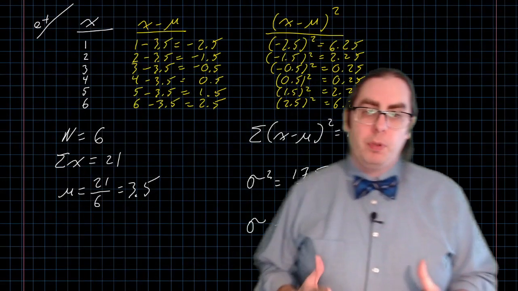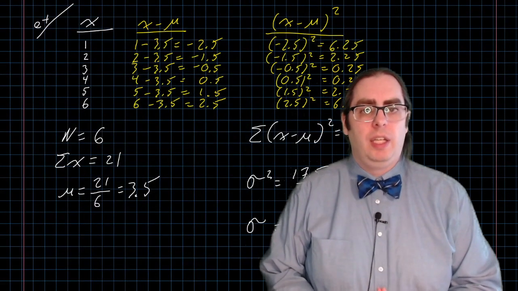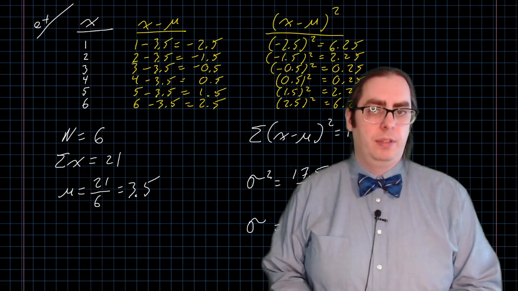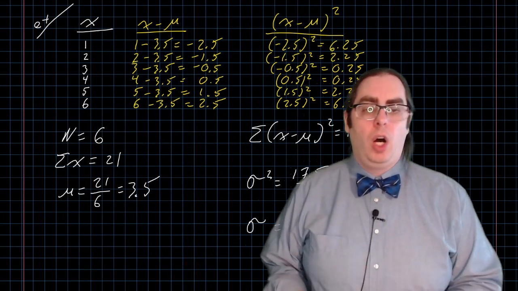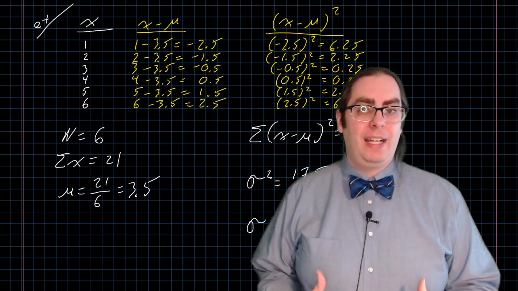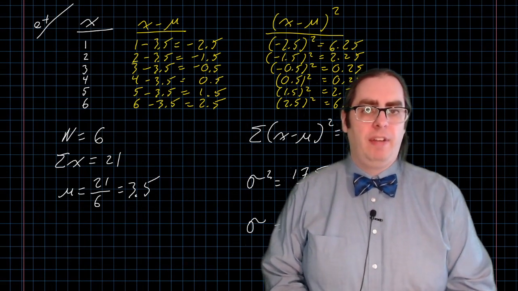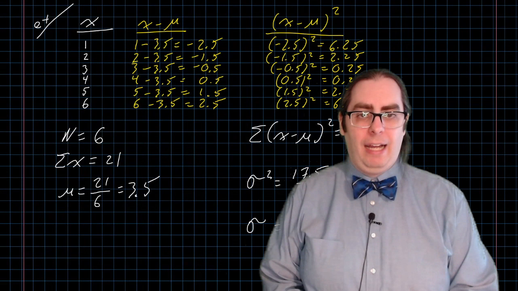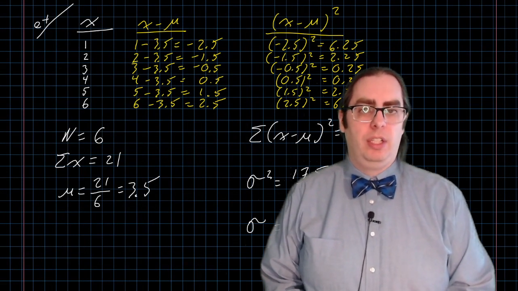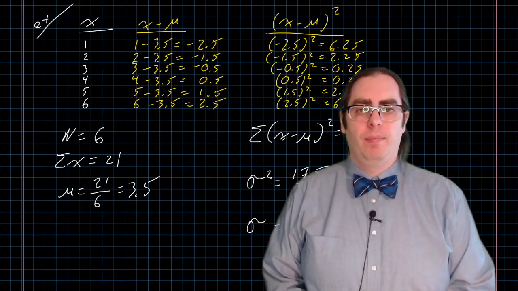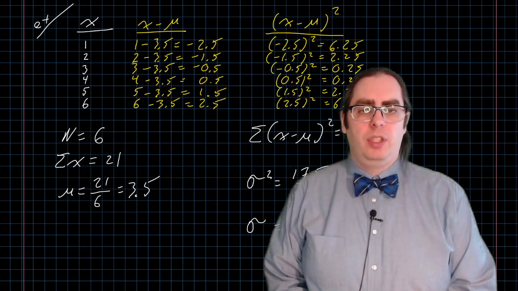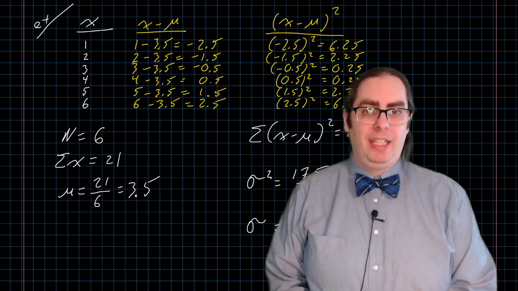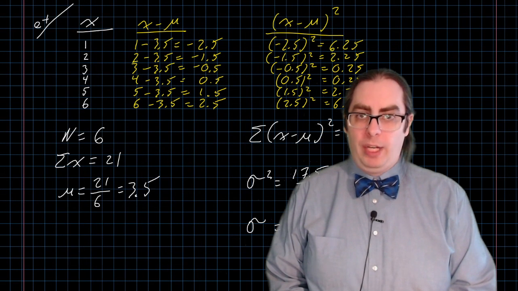All right, so this process is the standard deviation of a population. If you know all of the scores for the entire population, all of the data values that you could possibly have, you can calculate the standard deviation of a population. As we've established, having data on the entire population is rare.